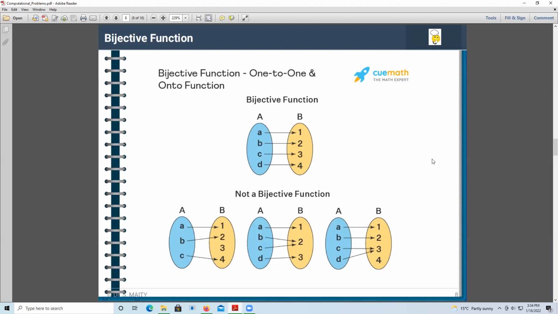Can anyone explain this statement, that if the function is not bijective, then the inverse function does not exist, from this figure being displayed in the slide?